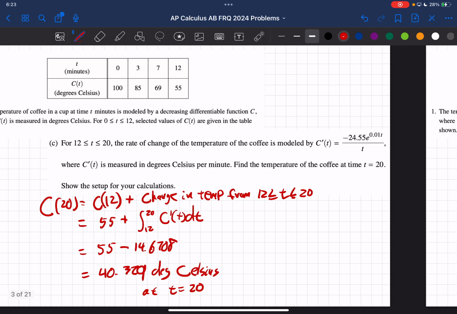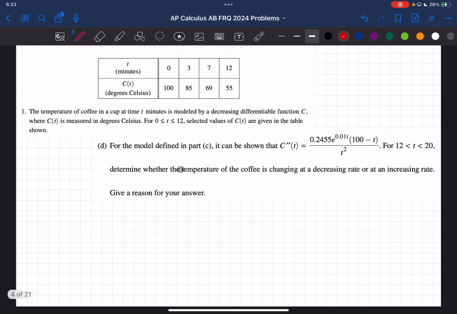And then finally, for part D, it says for the model defined in part C, it can be shown that c double prime equals this. So thankfully we don't have to find the derivative formula for c double prime, but they ask, for 12 less than t less than 20, determine whether the temperature is changing at a decreasing rate or at an increasing rate.